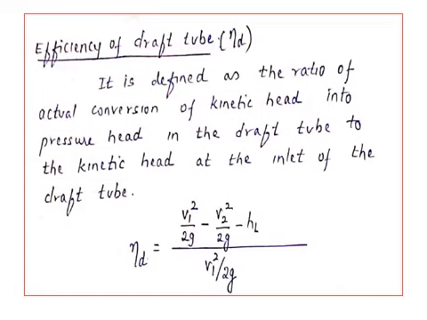Output is the actual conversion of kinetic energy to pressure head, divided by the kinetic energy at the inlet. The kinetic energy at the inlet is V1 square by 2g, at the outlet V2 square by 2g, so there is some loss taking place. Therefore it is V1 square by 2g minus V2 square by 2g minus HL, divided by the original kinetic energy at the inlet, that is V1 square by 2g.